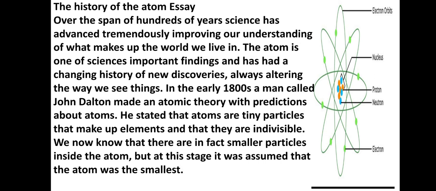He stated that atoms are tiny particles that make up elements and that they are indivisible. We know that there are, in fact, smaller particles inside the atom, but at this stage, it was assumed that the atom was the smallest.